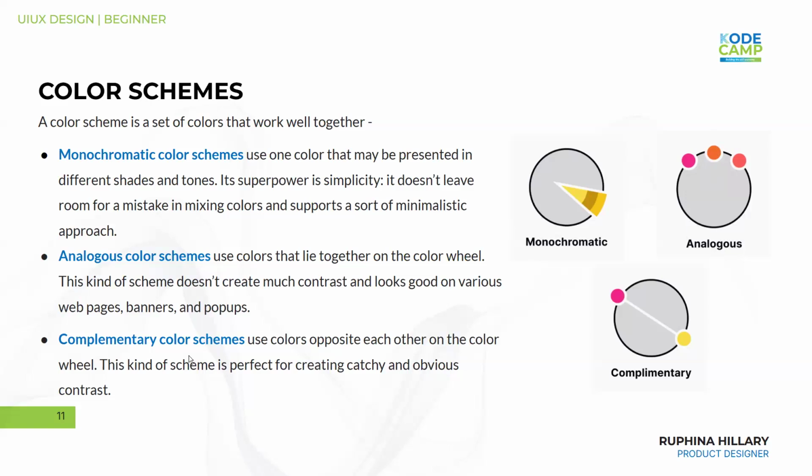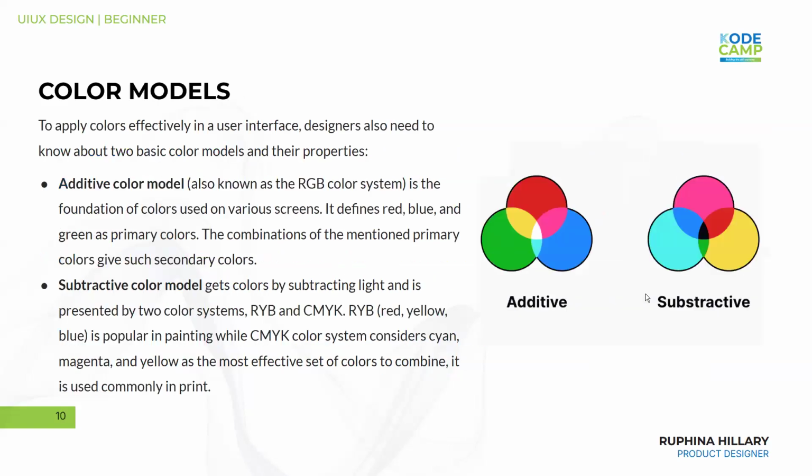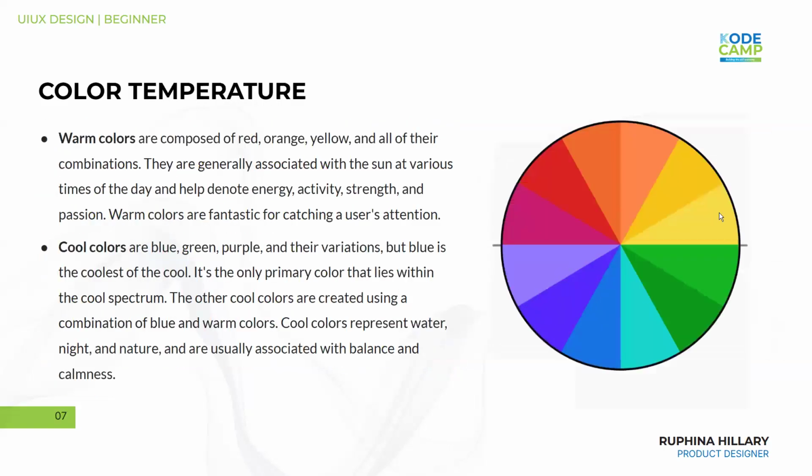Right? So for example, now this CodeCamp logo, you can see from here green and blue. This CodeCamp, their brand identity, they are using an analogous color scheme because they're simply using colors that are beside each other on the color wheel, which is simply green and blue.